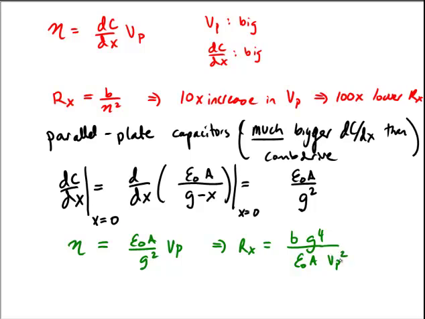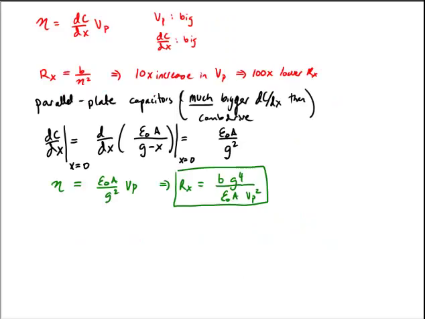Oh boy, the gap appears to the fourth power. So Rx scales with g to the fourth power. So let's say a 2x smaller gap gives us 2 to the fourth.